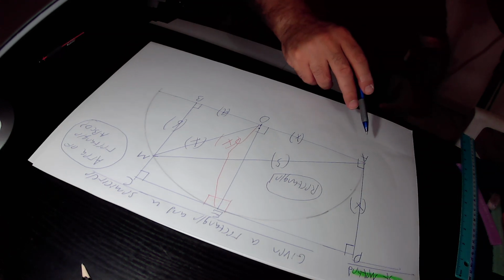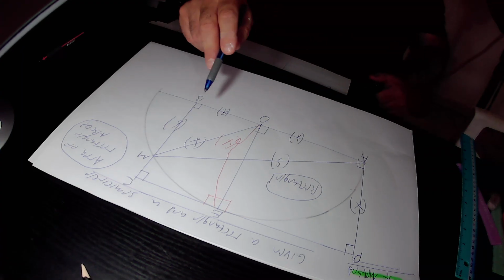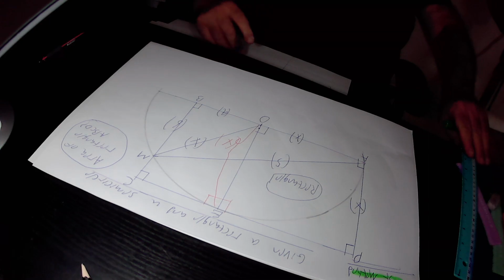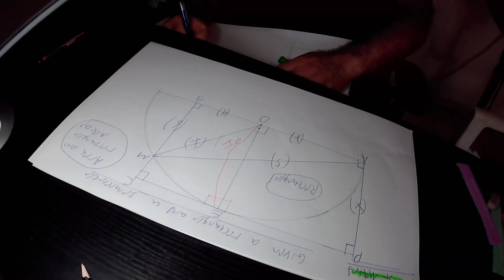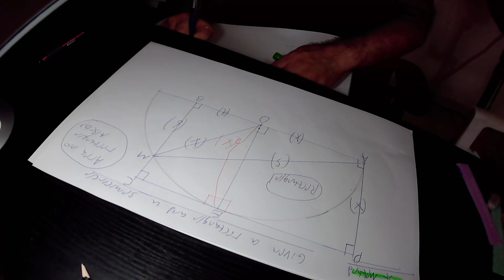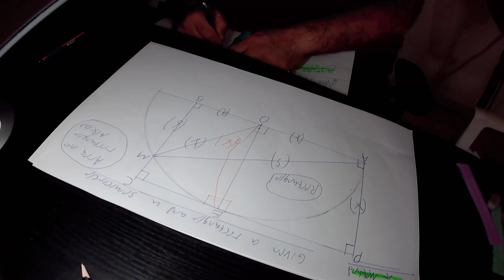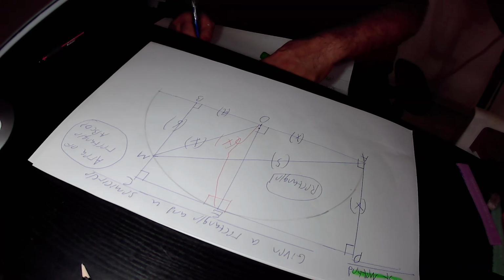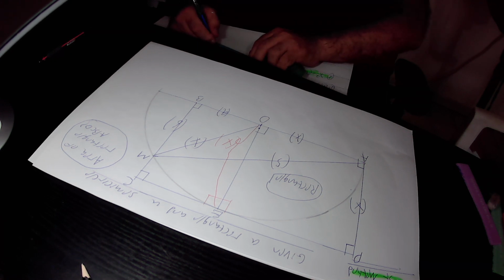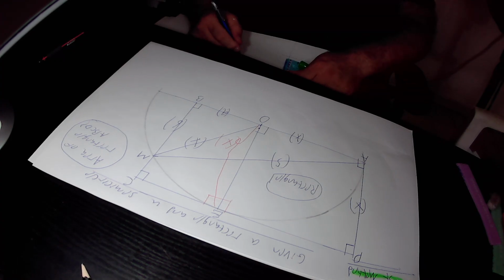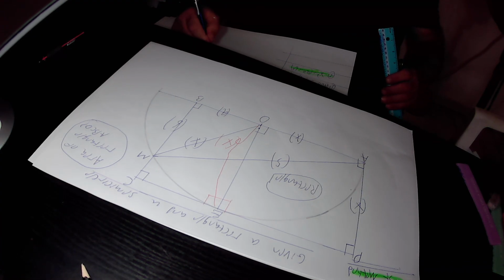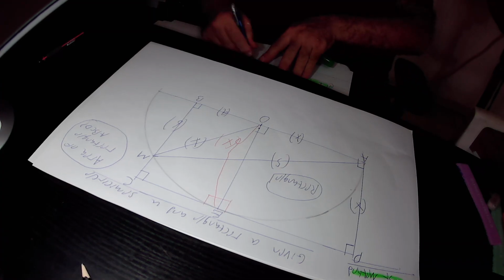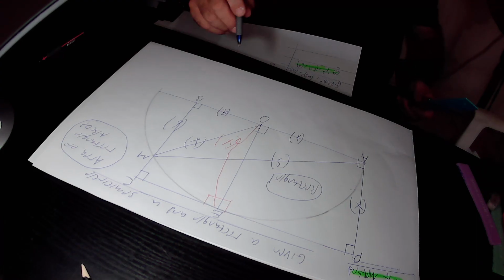In the next step, I'll copy this big right triangle AMB onto a new page, and we'll implement the Pythagoras theorem on it. Actually, it's triangle OMB.